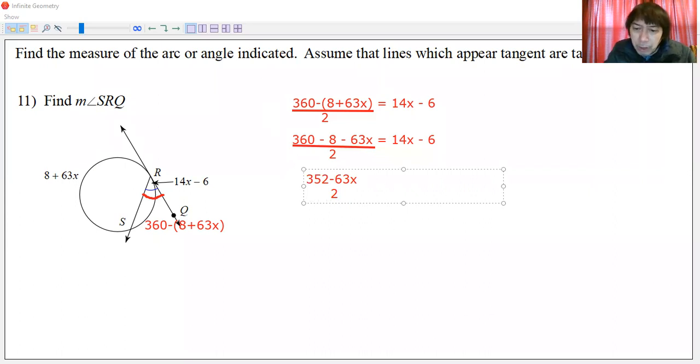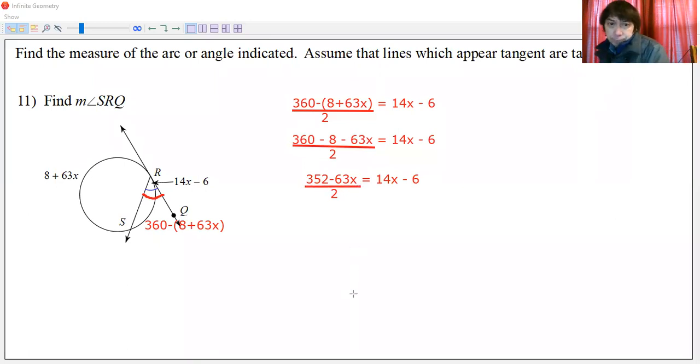The right side is 14x minus 6 there. So we shall get rid of the fraction by multiplying by 2. We shall multiply by 2 both sides. So multiply this by 2 at the left side, we have something like this.